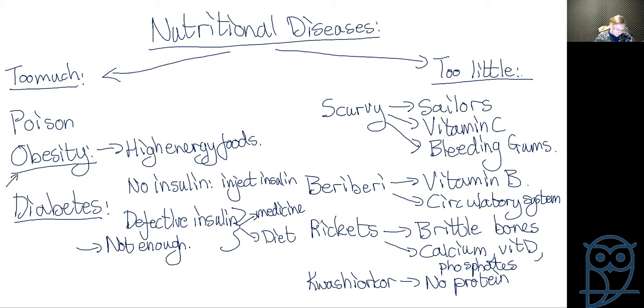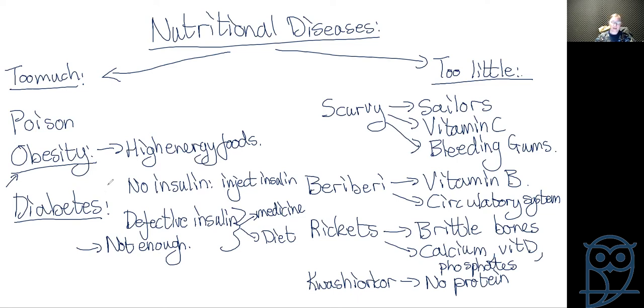So the age that you can get diabetes literally depends upon lots and lots of factors. This kind of diabetes, where you don't have enough insulin or your insulin is defective, tends to happen at a much later age. This one, when your body has no insulin, can literally be happening from birth.